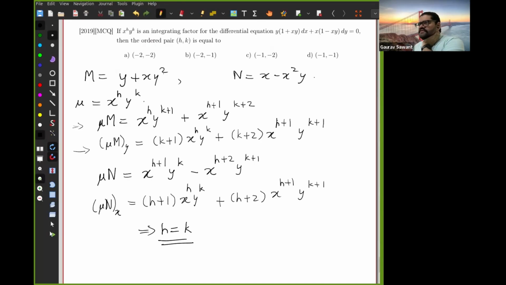But then we see that this particular thing has two such options satisfying h equal to k, right?